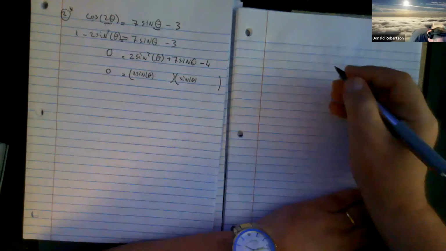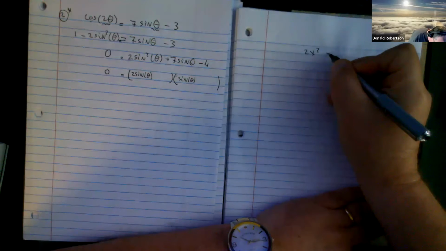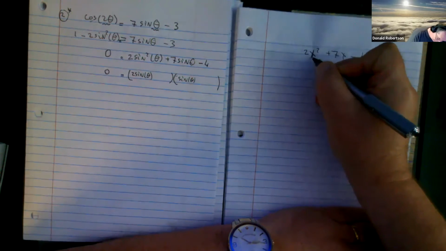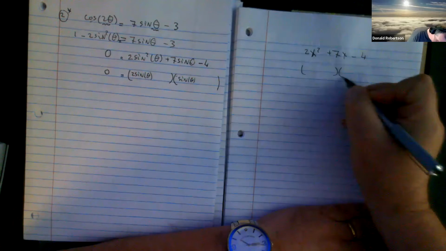Right? And the middle term is plus 7. So somehow or other, we have got to come up with a combination that works. Now, if the sine thetas distract you, pretend that it was that question, because maybe you're more comfortable dealing with x's.